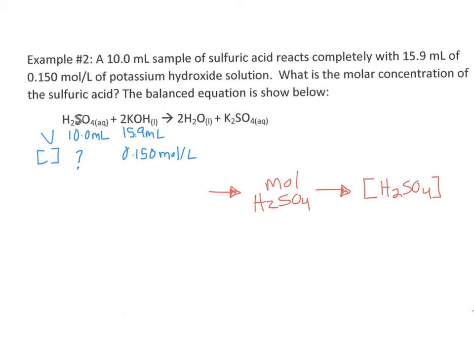And to get the number of moles of H2SO4, we're going to have to calculate the number of moles of KOH and use a ratio. And then to get the number of moles of KOH, we're going to start with the volume of KOH, and we're going to use the concentration to get there.